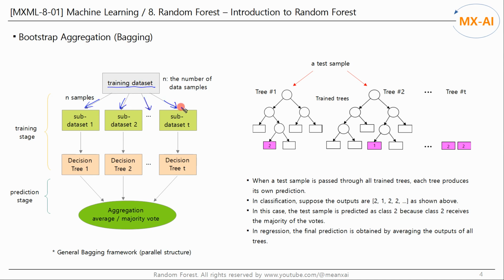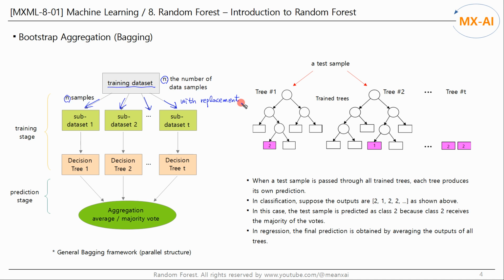If the original training dataset contains n samples, then each sub-dataset is usually generated with the same number of samples, which is also n. The sampling process uses random sampling with replacement. In other words, the same sample may be selected multiple times.